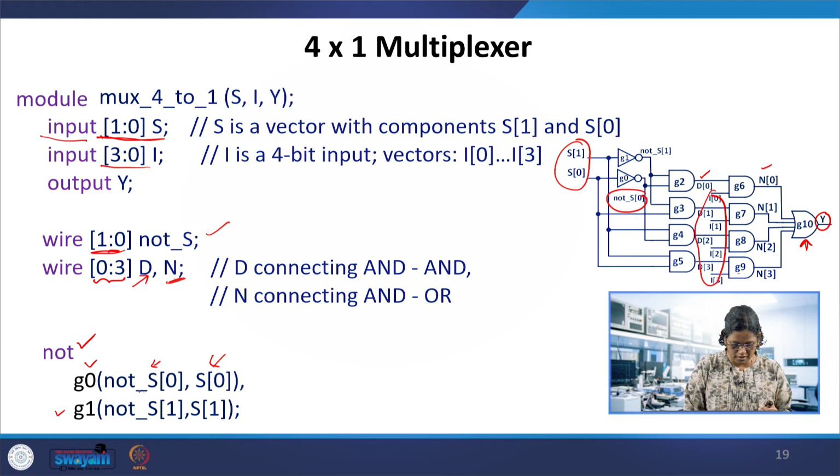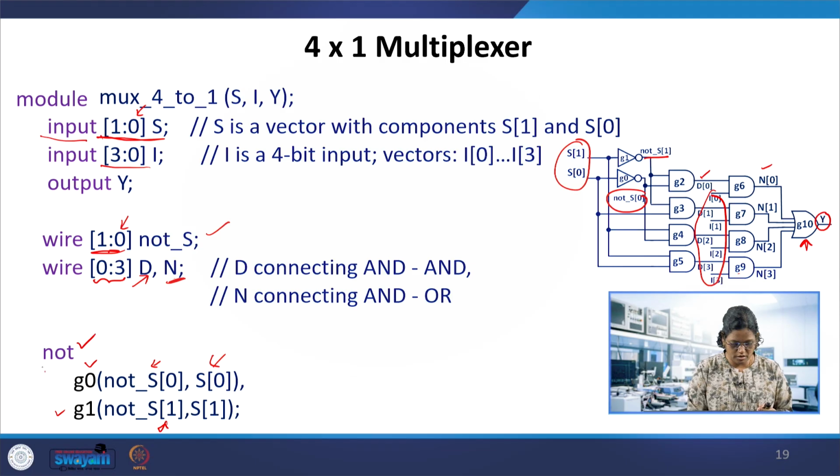So instead of writing S0, you see the square bracket 0, that is representing the first bit of this. We have to specify this by including the square brackets which give the index. Similarly G1: not S of 1, and S of 1 is the input, the square brackets; this is the input and this is the output.